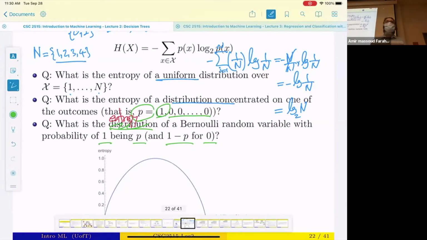Now I'm just asking, what if it wasn't fair or unbiased, but there's a probability of P and 1 minus P?